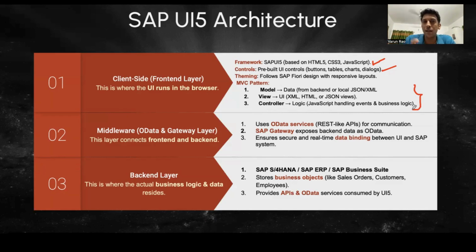Now, talking of the middleware, which is the OData part. OData uses REST protocol, like an API, to communicate between the back end, which is ABAP, and front end technologies, which is XML or HTML or JS or whatever.